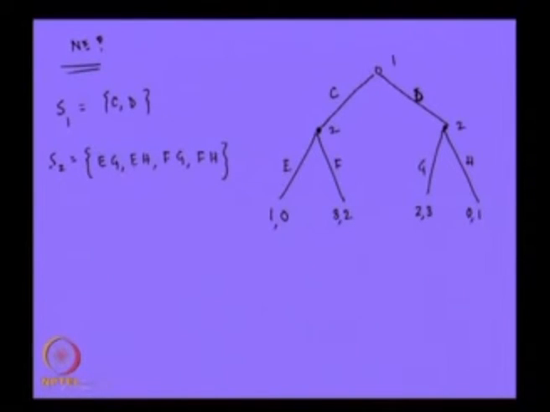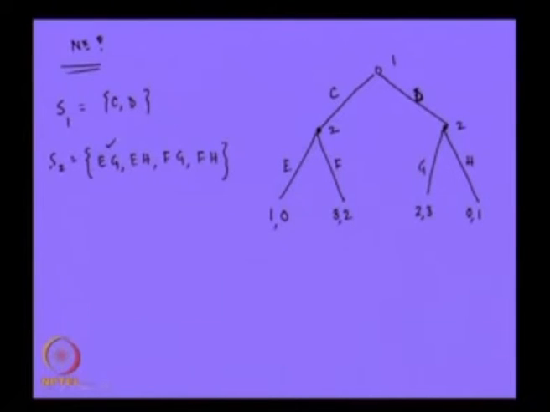What is the interpretation? The interpretation is that if C is the non-terminal history, I am going to play E, but if D is the non-terminal history, I am going to play G. So, that is the interpretation of EG, and likewise for the other strategies.